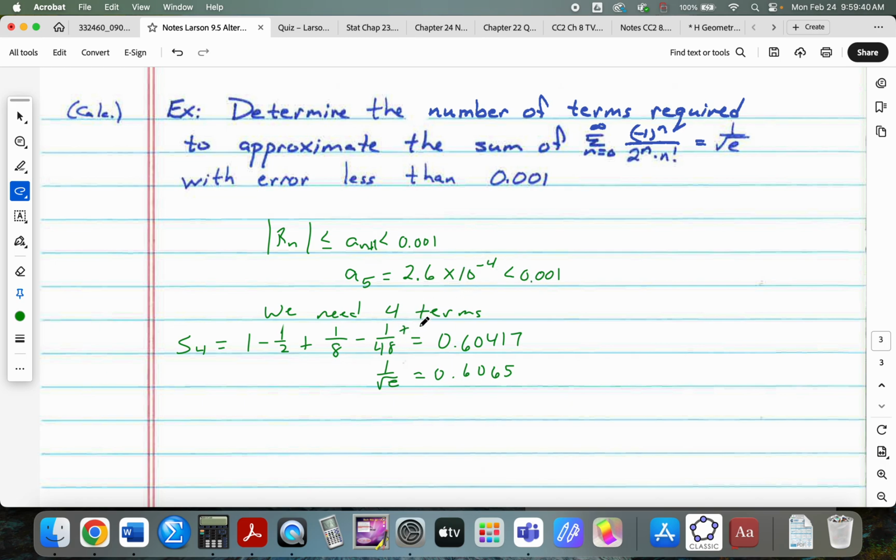So if we add on the next one, which would be 1 over, let's see, that's the 4th, so it's 16 times 24. There we go.